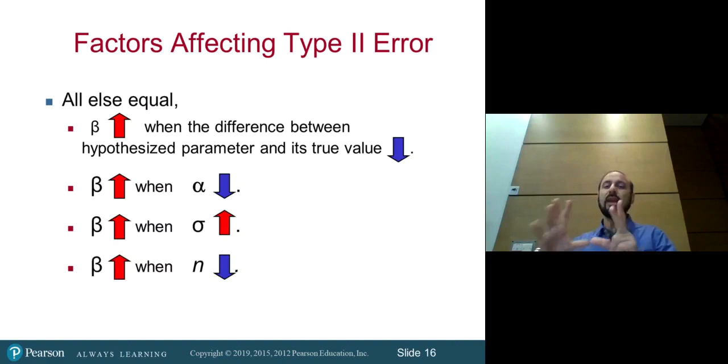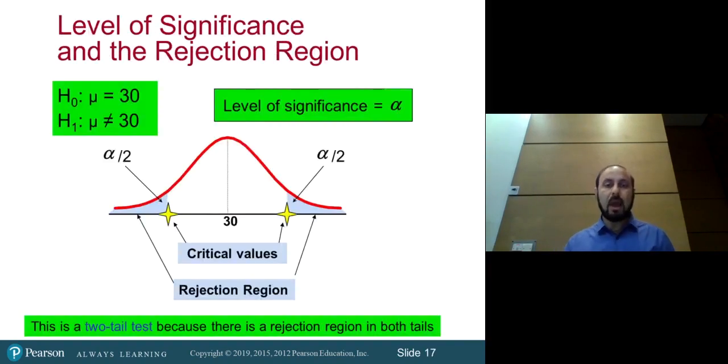So when you encounter type 2 error, you find out whether the problem is because of alpha, because of sigma, the standard deviation, or because of the sample size. Then you can find out the problems and figure out how to correct your decision.